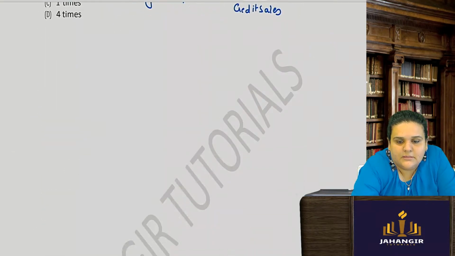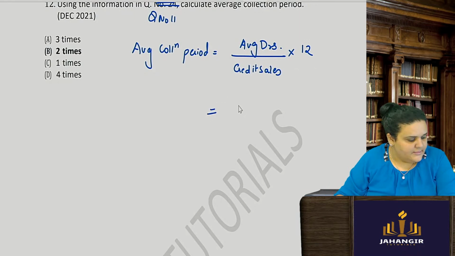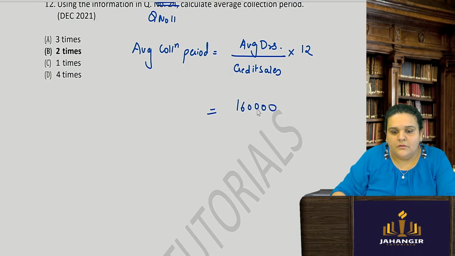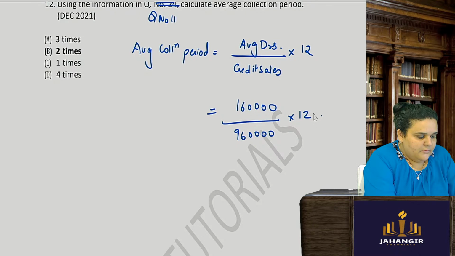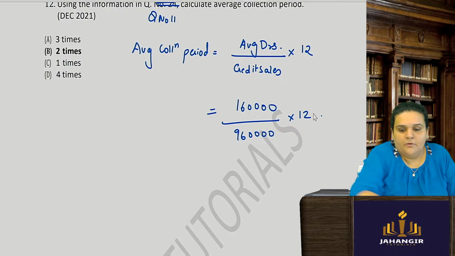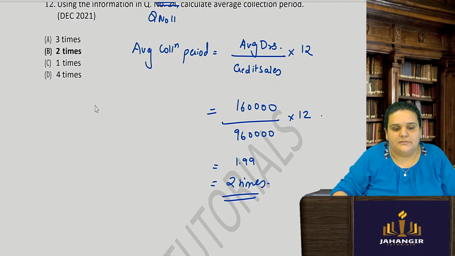I'm taking months, so into 12. You can take 12 or 52 or 365. Average debtors is 1,60,000. Credit sales was 9,60,000. One lakh 60,000 divided by 9,60,000 into 12. Okay, you are getting 1.999 times. So it will be 2 times approximately. So basically it is 2 months.